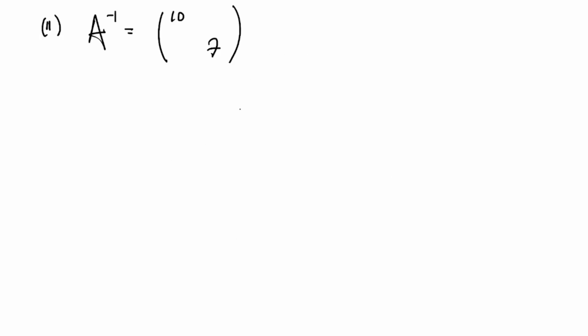Negative, which is going to be equal to -8 and -9. Okay, so remember that is 1 over det, then the adjoint. So here we shall say 1 over -2 there. That's our determinant.